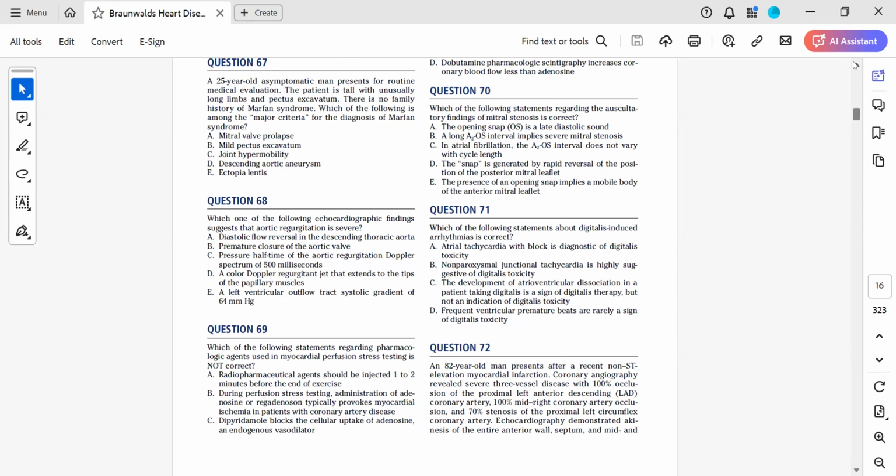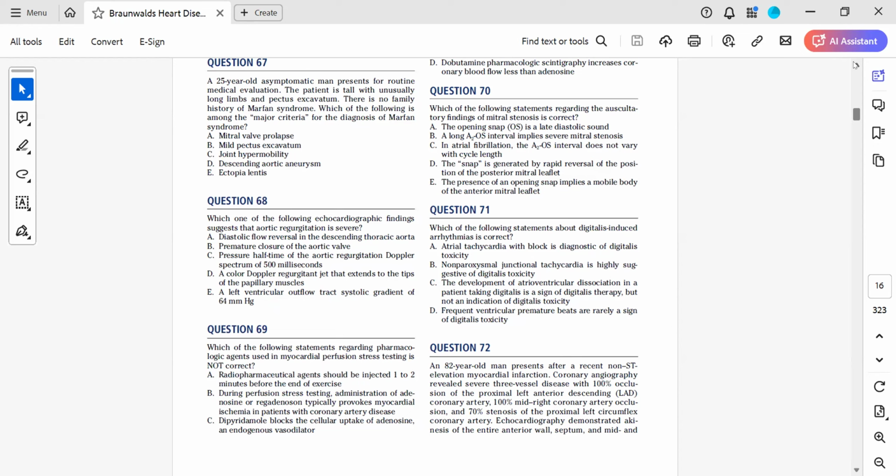Okay, question 71. Which of the following statements about digitalis induced arrhythmia is correct? A. Atrial tachycardia with block is diagnostic of digitalis toxicity. B. Non-paroxysmal junctional tachycardia is highly suggestive of digitalis toxicity.